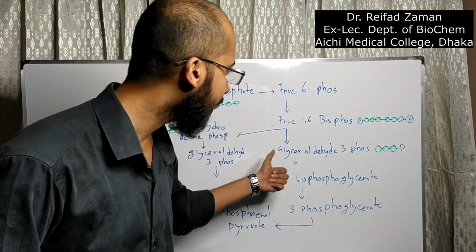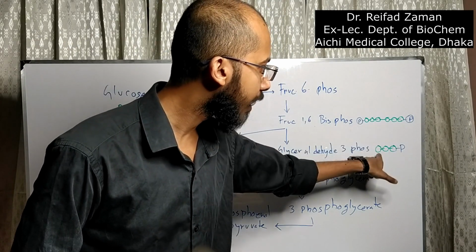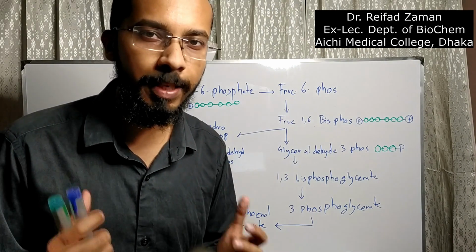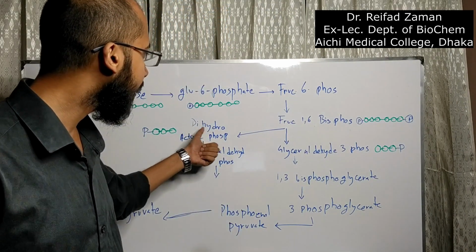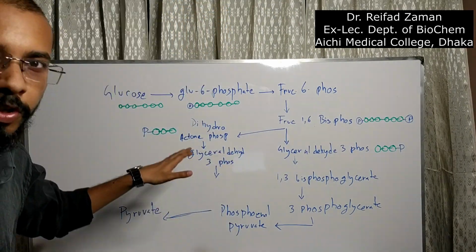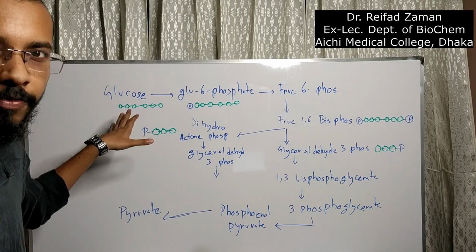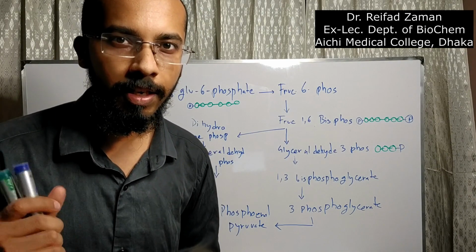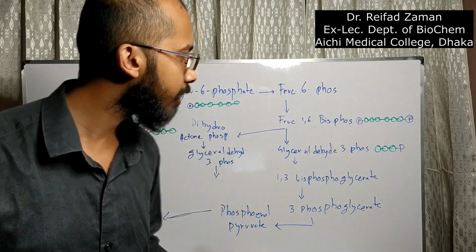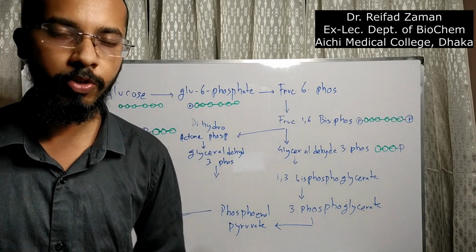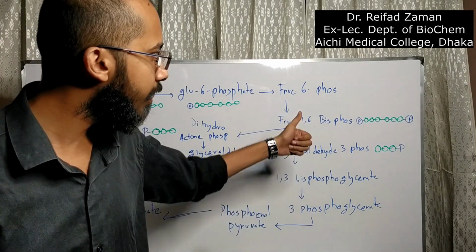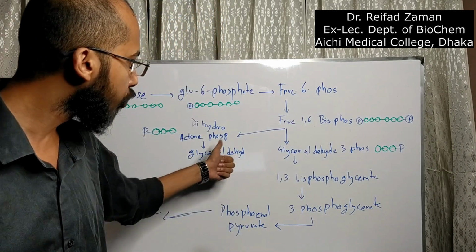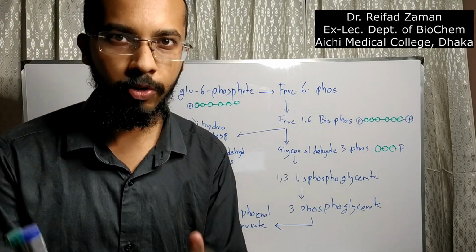One of them is glyceraldehyde 3-phosphate, with 3 carbon atoms and 1 phosphate group, and another similar molecule is called dihydroxyacetone phosphate. It also contains 3 carbon atoms and a phosphate group. However, this dihydroxyacetone phosphate is unstable and it immediately turns itself into glyceraldehyde 3-phosphate. So we started with fructose 1,6-bisphosphate and now we are ending with 2 molecules of glyceraldehyde 3-phosphate.